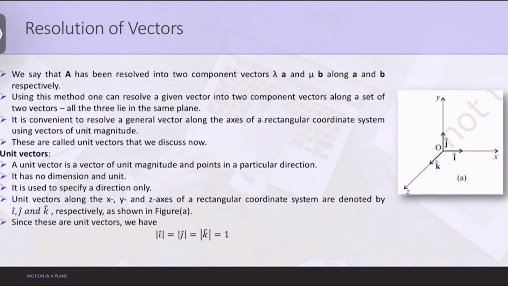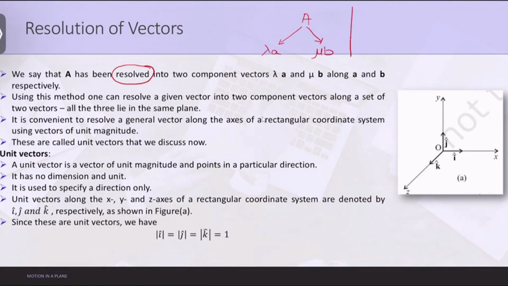Now we say that a has been resolved into two components. That is how this word resolve or resolution came into the picture. We say that a has been broken down into two different vectors. Namely, what are those vectors? Those vectors are lambda a and mu times b.